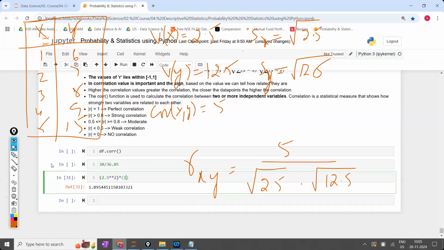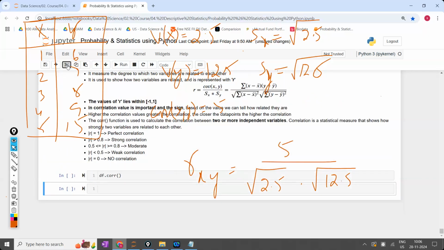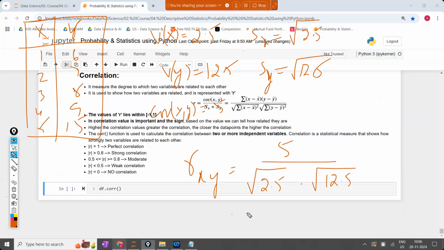Similarly for 12.5 also power 0.5. Together this gives 5.59. I'm dividing 5 by this, which gives 0.89 as the correlation. Okay, is the point clear? Now let us cross check the 0.89 which I have got here.